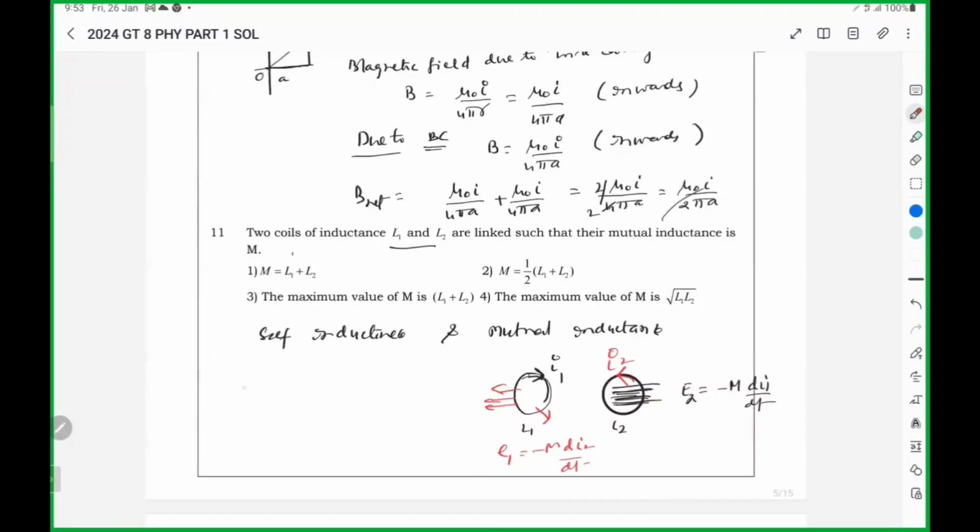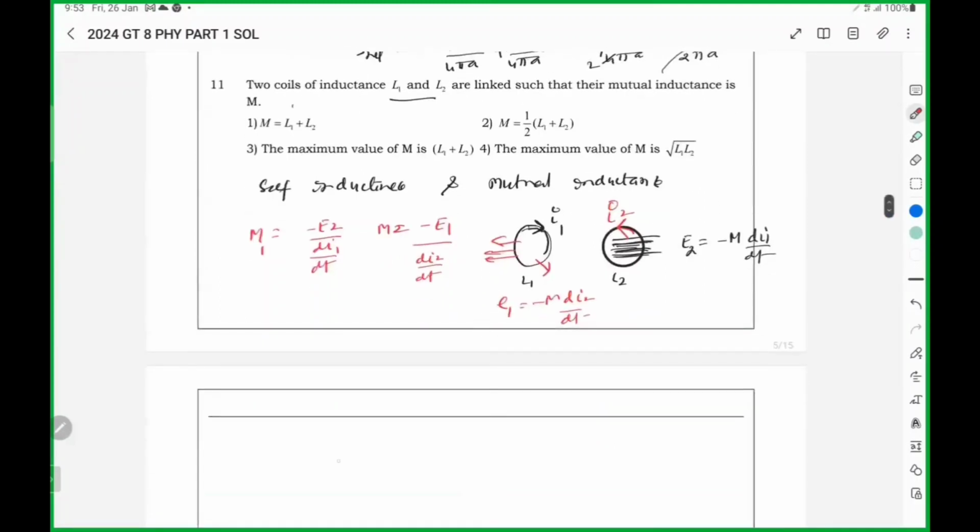So now here we got M minus E2 di1 by dt and another M minus E1 by di2 by dt.